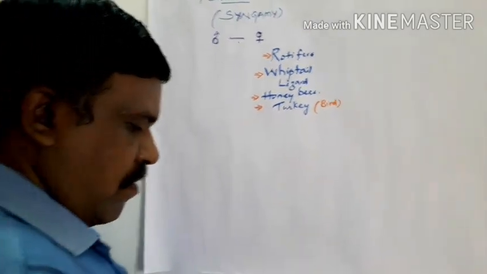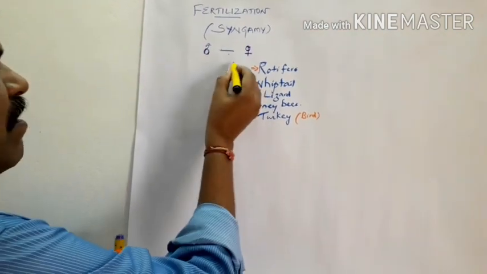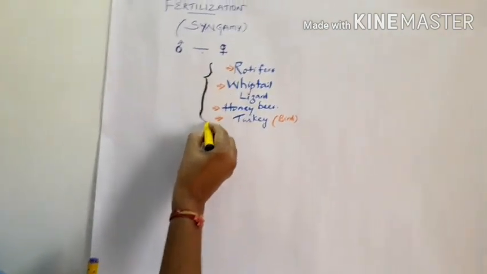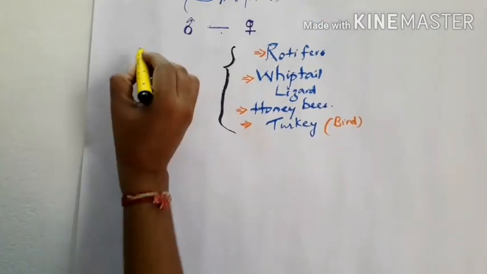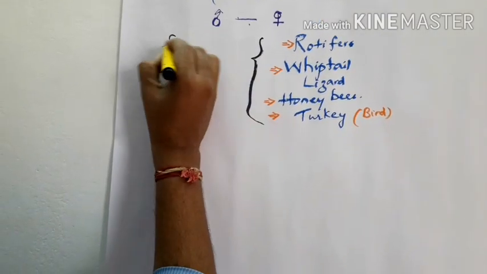What are these exceptions? In these organisms, syngamy doesn't occur. That means directly from the female gamete.